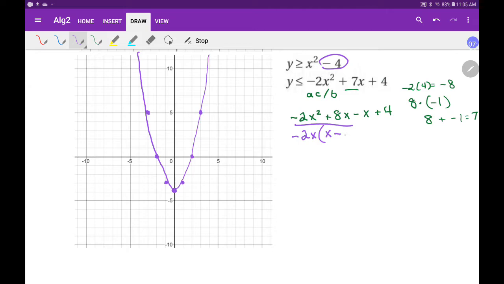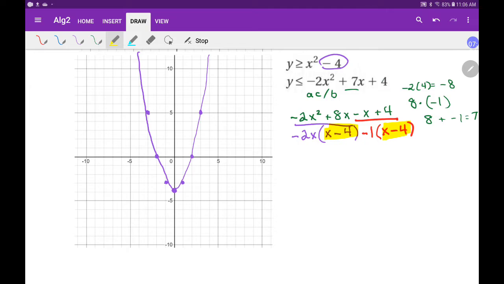The 2 comes out of the 8, and I get 4. The x is gone, so I get x minus 4. And then on the second part, I'm going to factor out a negative 1, or just a negative. That leaves me with x minus 4. And if I did my job right, the inside is the same for both of them.